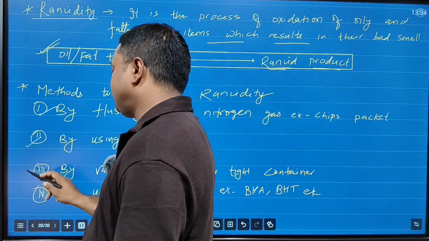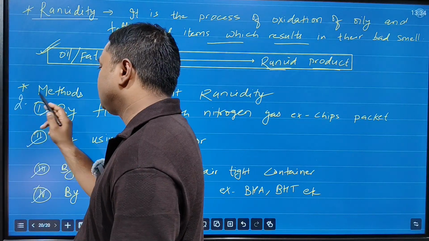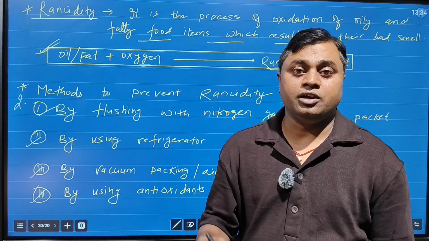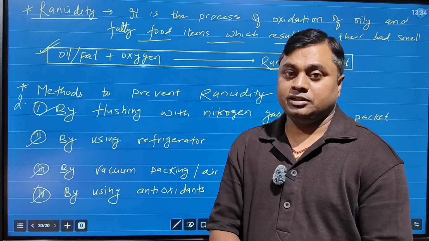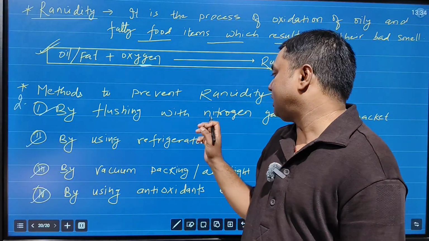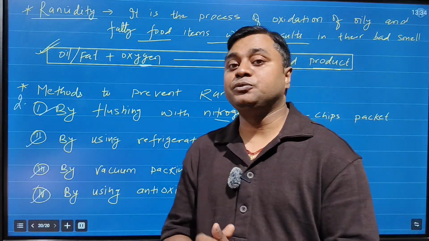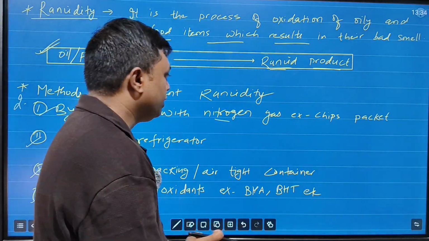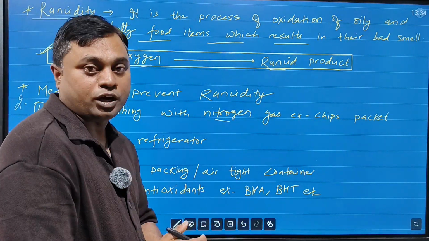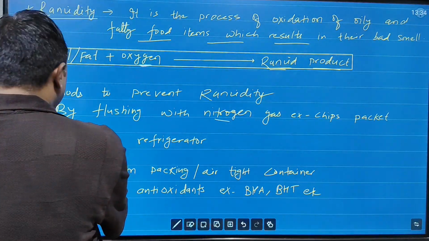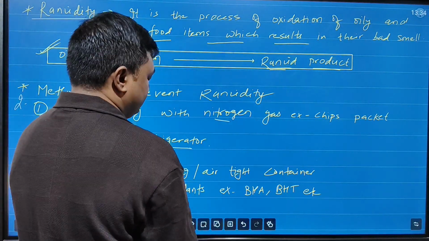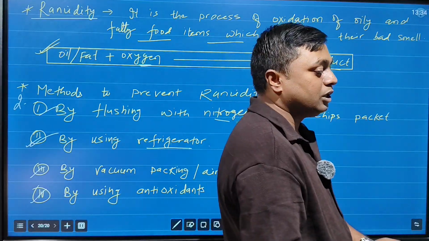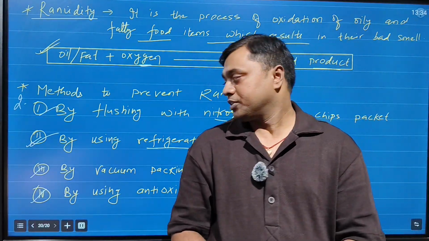How can we prevent rancidity? This question may be asked for 2 to 3 marks. There are certain methods by which we can prevent rancidity. First one, by flushing with nitrogen. You can see the chips packets, Lay's, Kurkure packets are flushed with nitrogen gas. In the presence of nitrogen, oxidation cannot take place. Next, by using a refrigerator. At low temperature, oxidation can be prevented.